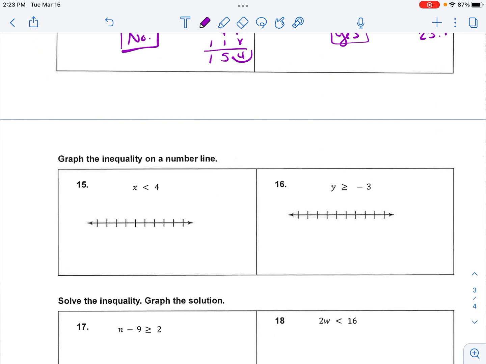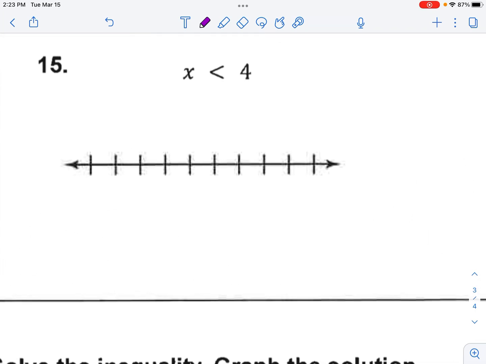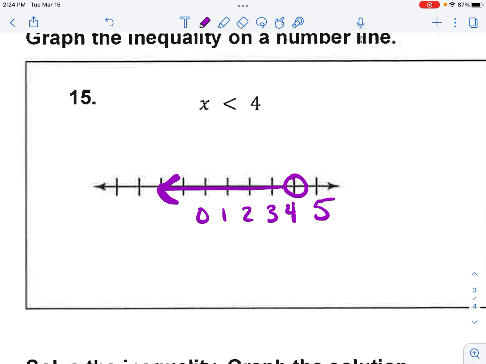Okay, page 3. Graph the inequality on a number line. X is less than 4. I'm going to have 0, 1, 2, 3, 4, 5. Less than 4, I should have an open circle on 4, and it's pointing to the left.